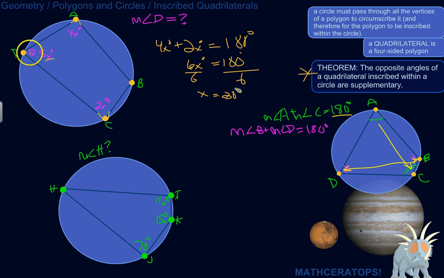Now I can apply that to D. D is 2.5 times x degrees, and x is 30. So 2.5 times 30. That's 30 times 2 is 60, and then half of 30 is 15.